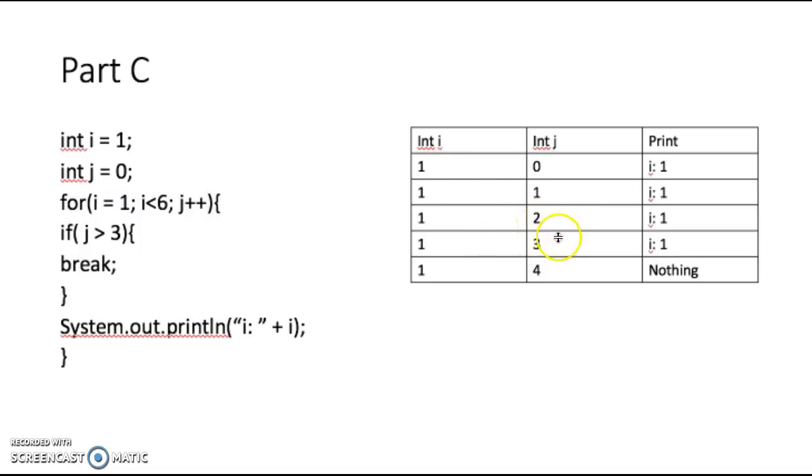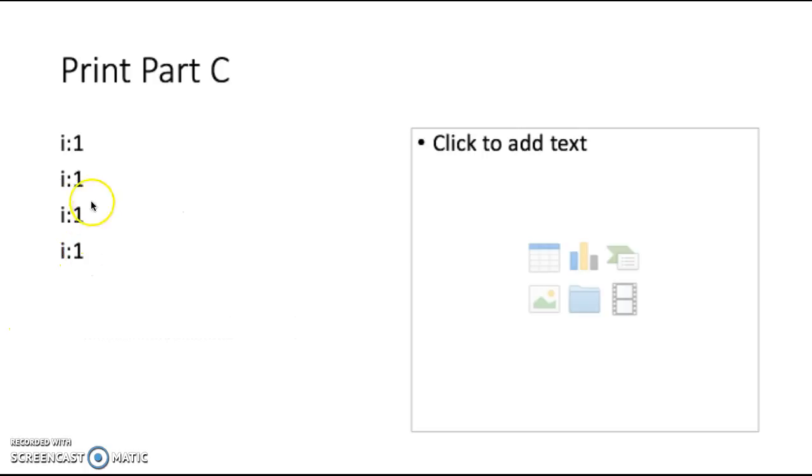We keep increasing j until j is equal to 3, and then when we add 1 to it, j is equal to 4, and 4 is greater than 3, so we break the loop and we print nothing. So that's why this will be our print statement for part C.